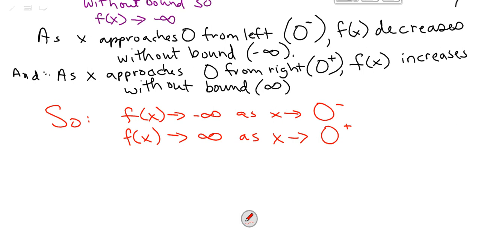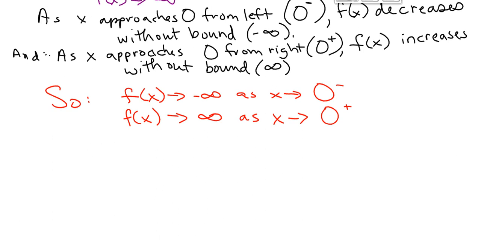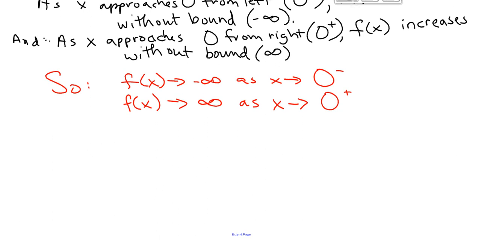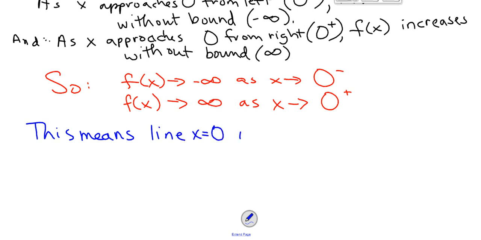And that means that if it's going to negative infinity and positive infinity, at x equals 0, there's going to be a vertical asymptote. And so this means that the line x equals 0 is a vertical asymptote.